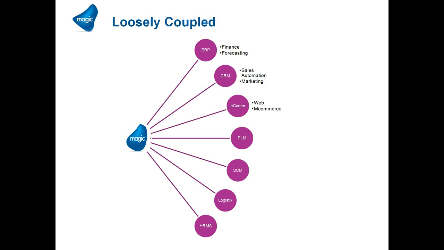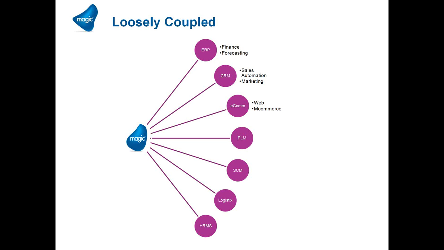CRM has already integrated sales automation and marketing capabilities. It even has, sometimes, extended applications that connect to it. But here again, if it needs to connect with e-commerce, that's typically going to need to be done in a way that would ideally be handled by an integration platform as opposed to creating point-to-point integration.